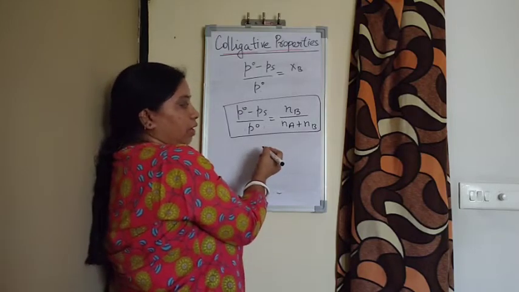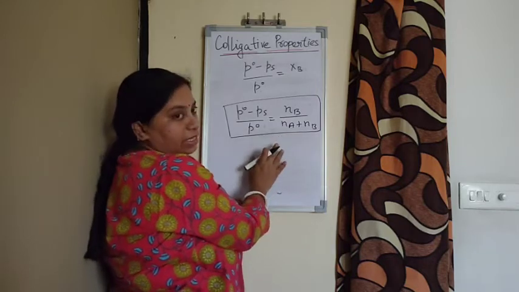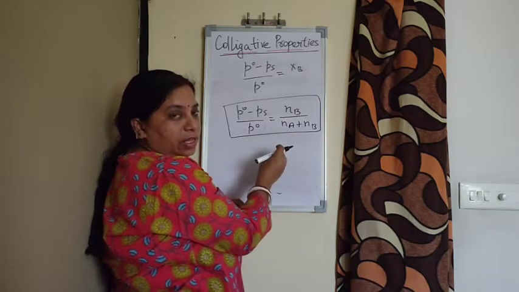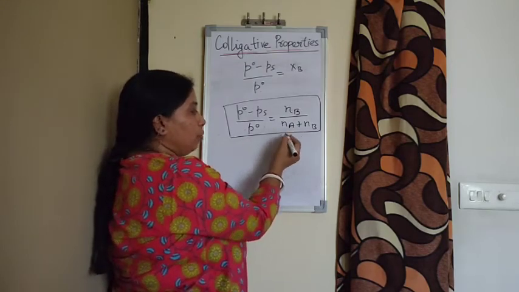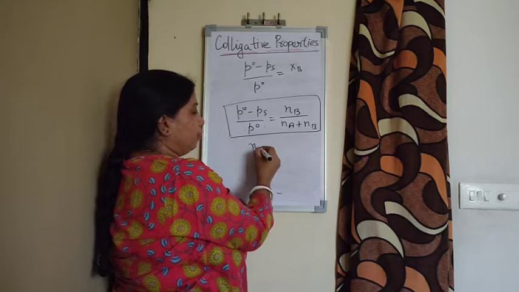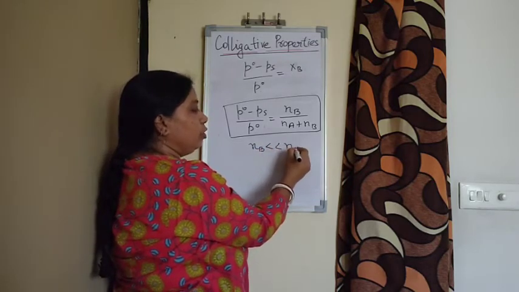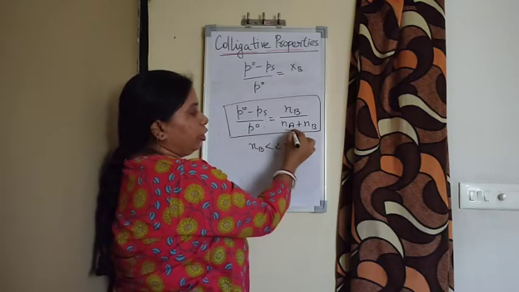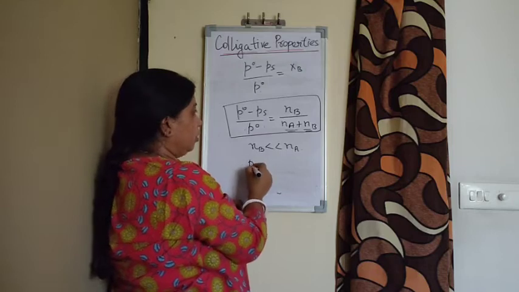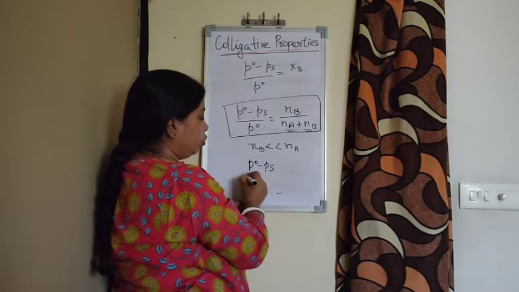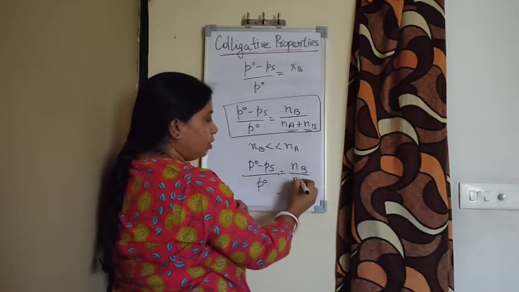Now when we studied ideal solutions, I told you that generally solutions which obey Raoult's law are very dilute solutions. So as compared to NA, the value of NB will be very small. So we can ignore it in the denominator, and our equation becomes P naught minus PS upon P naught is equal to NB upon NA.